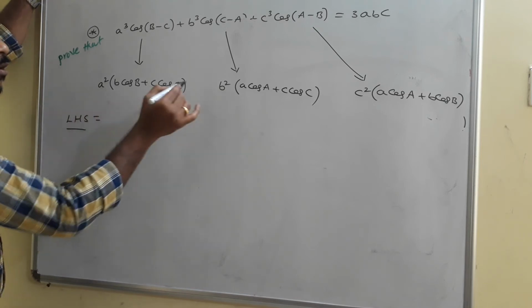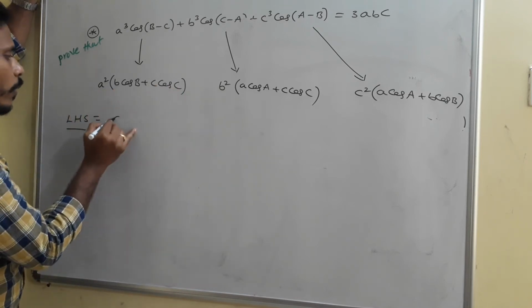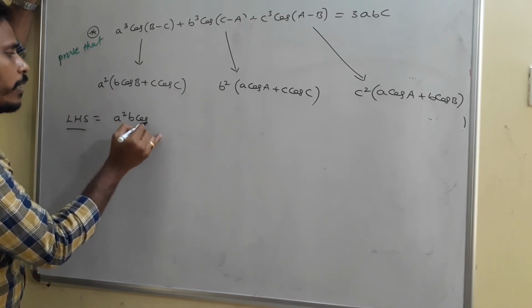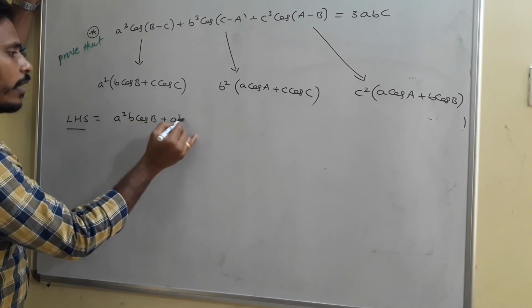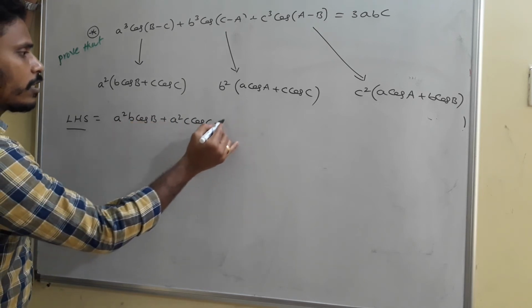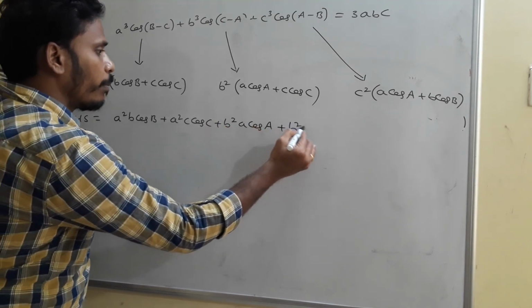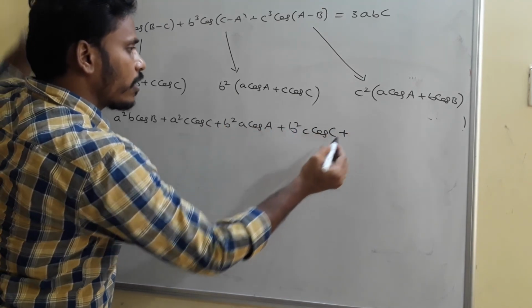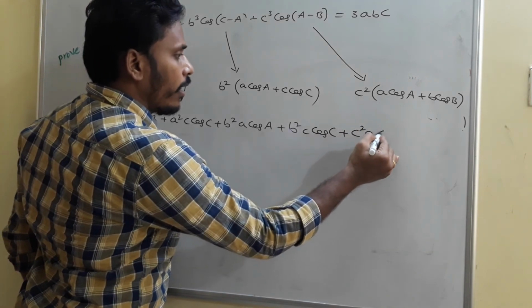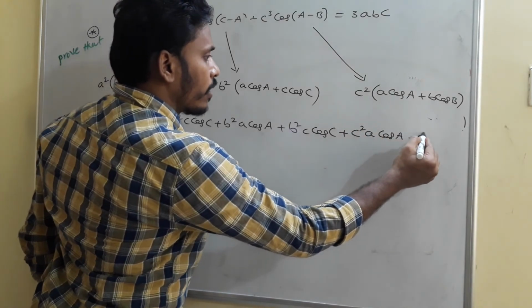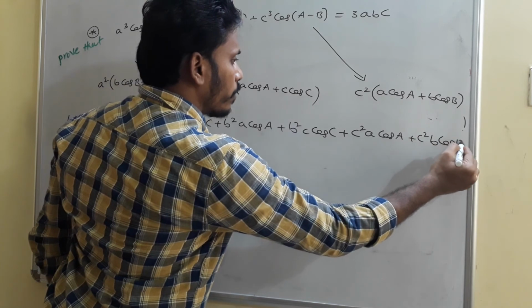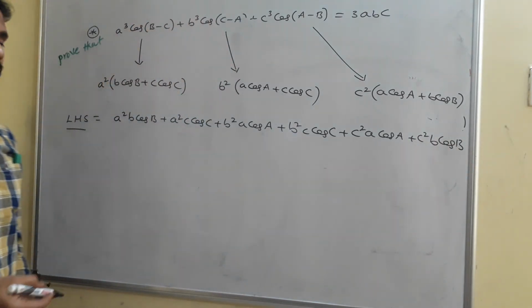The left side is the sum of these three. So multiplying with the squares, you will get a square b cos B plus a square c cos C plus b square a cos A plus b square c cos C plus c square a cos A plus c square b cos B. Okay, if you multiply everything and then add.